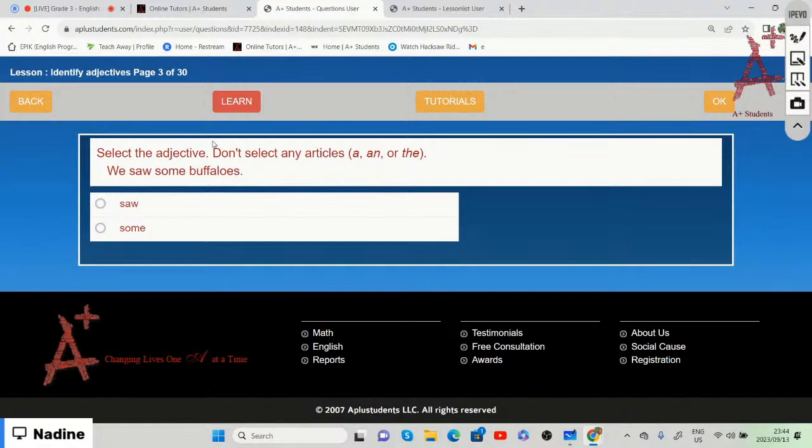Remember, to make it a bit easier, it is better to ask ourselves how many, or what kind, because then you'll be able to know what your adjective is. So you first identify your noun. Then from there, you ask yourself: what kind of noun? Or does it tell us how many of that noun?